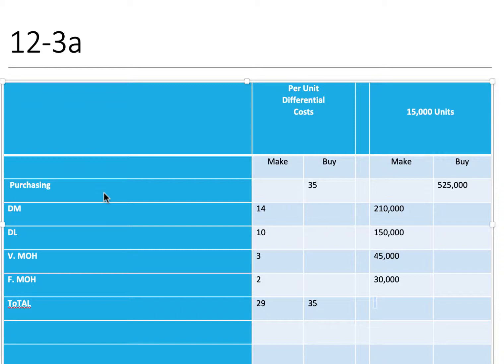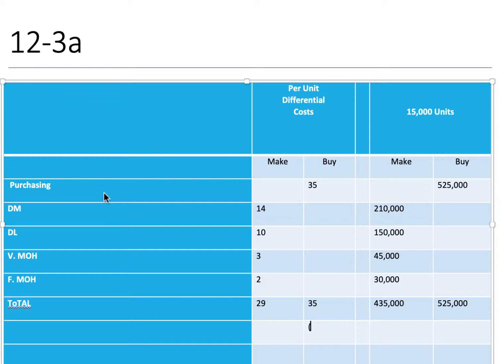If we look at it in total, the total cost to make is $435,000. To buy them, obviously, it's $525,000. So we can see that we're at a disadvantage here, right? On a per unit basis, there's a $6 difference between the 29 bucks it costs us to make it and the $35 it would cost us to buy it.